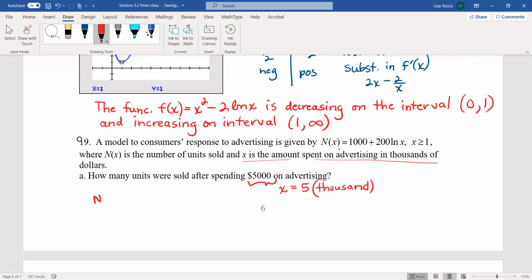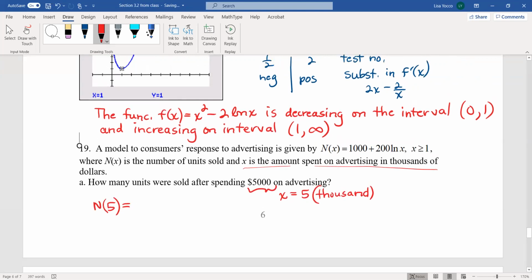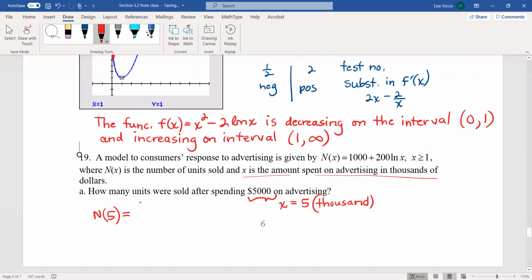And so we're just computing n of 5, just putting 5 into the original function, which is just a calculation. 1,000 plus 200 times the natural log of 5. And that's just a calculation. I'll just do that in my handheld calculator.